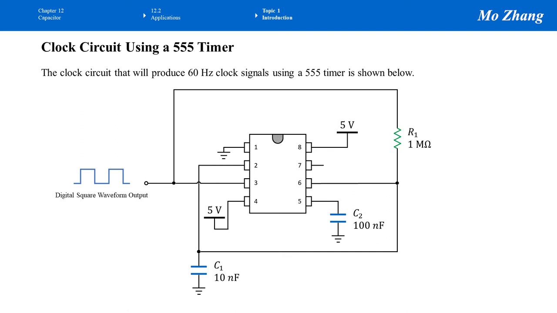For example, these devices can be logic gates, digital flip-flops, counters, registers, or CPUs, central processing units. By choosing the correct resistor and capacitor values, this timer can generate a 1-second clock waveform.